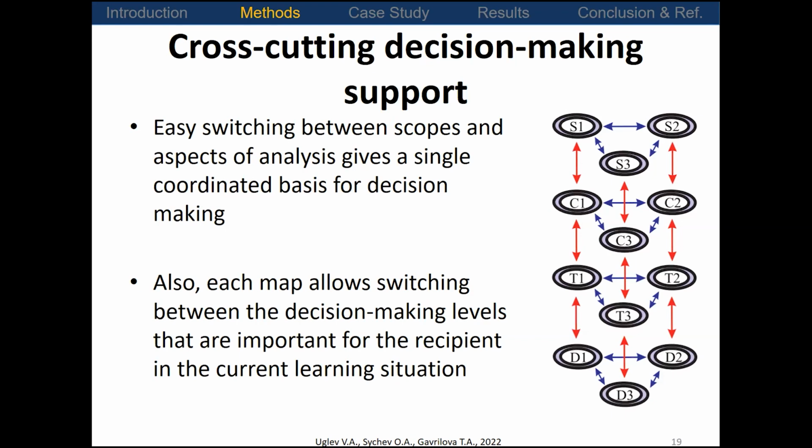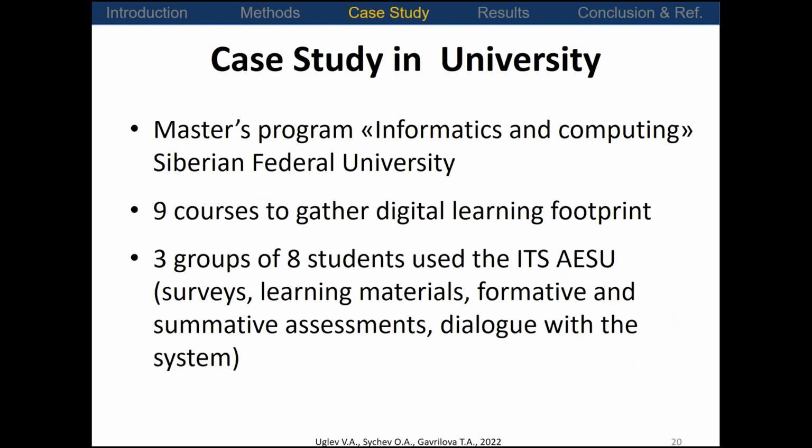Let's choose the master's degree curriculum in informatics and computing at Siberian Federal University to illustrate this approach. Nine courses were used to gather a digital learning footprint. Three groups of eight students used ITS-ISO for surveying learning materials, formative and summative assessments, and dialogue with the system.